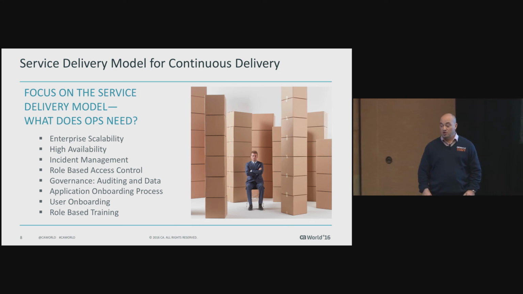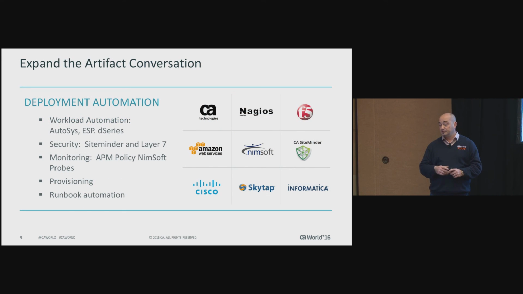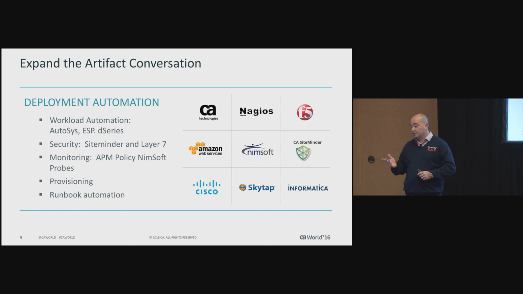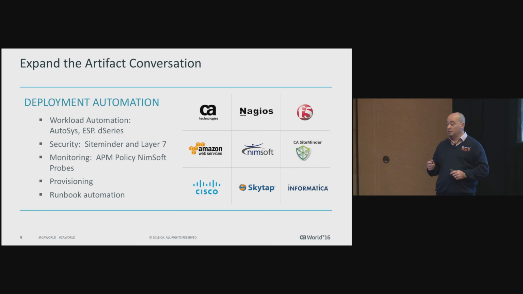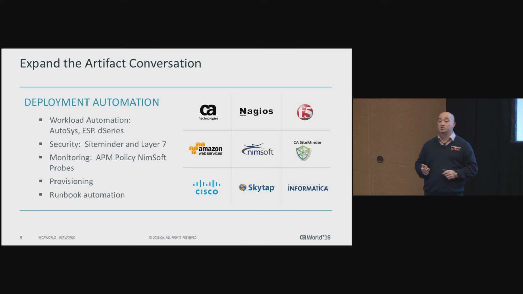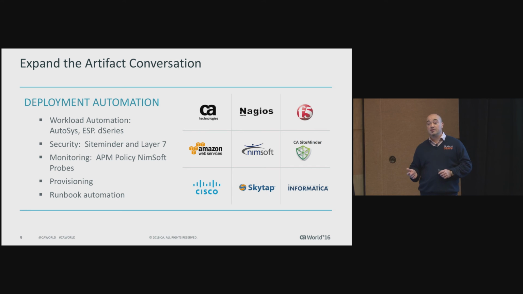Okay? So when we talk about the artifacts, there's a lot of different use cases around deploying things specifically in support of the application, looking at things like monitoring, CA's NIMSoft UIM solution, for example. A couple of good use cases here, right?